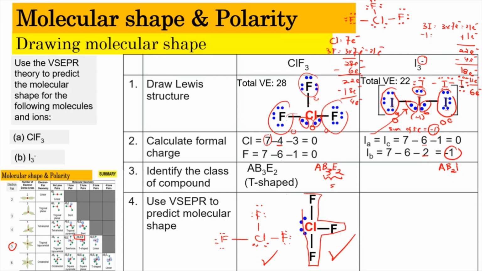So it's going to be AB2E3, and AB2E3 here, you know that it refers to here. It is still 5 electron pairs, but 2 bonding pairs and 3 lone pairs. So it's supposed to have a linear shape. So coincidentally, what we have drawn just now is the same as the VSEPR.